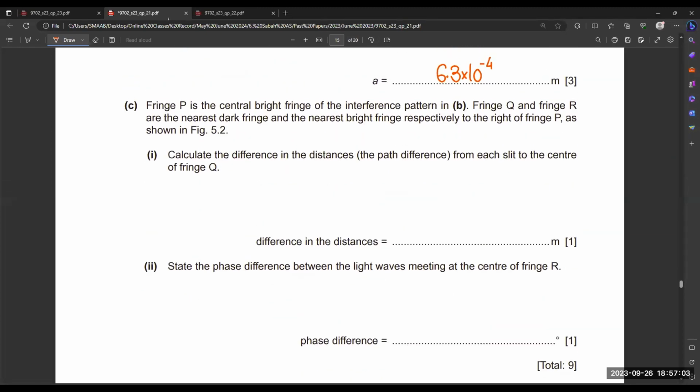And previously in the statement they showed you fringe P is the central bright fringe of the interference pattern. Fringe Q and R are the nearest dark fringe and the nearest bright fringe, respectively, to the right of the fringe P. Okay, so P is basically the center.